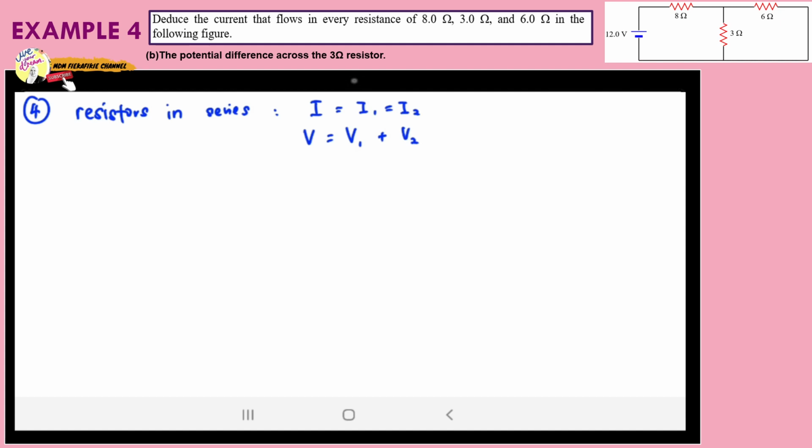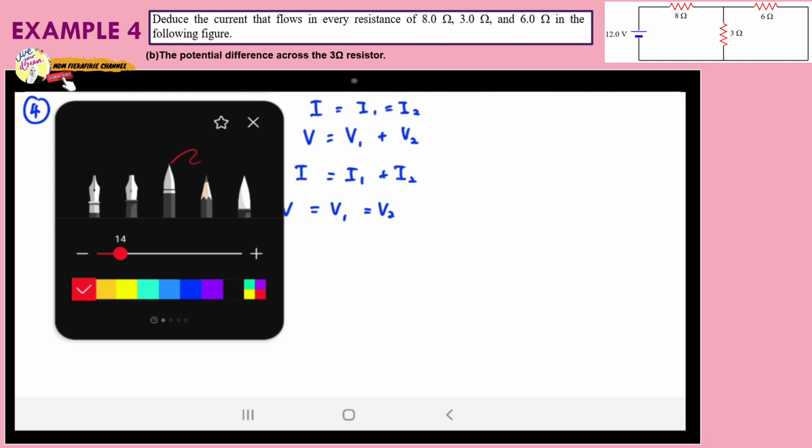And for resistors that combine in parallel, the total current that flows in the circuit is the total current that passes through R1 and R2. But the voltage supplied to the circuit is equal to the voltage across R1 and also the voltage across R2.